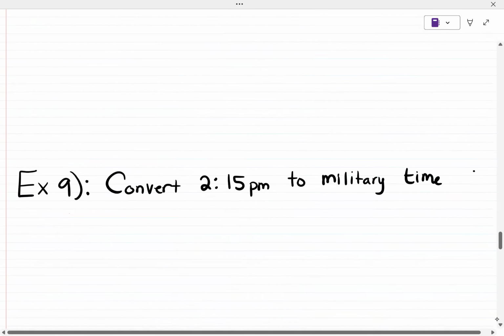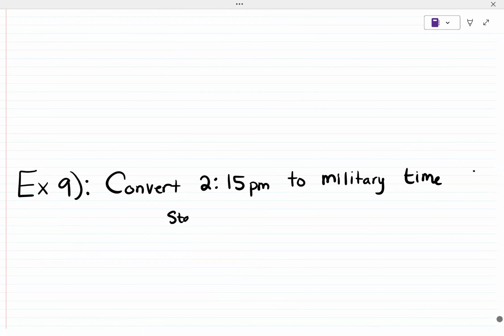Okay, example 9. We have to convert 2:15 p.m. to military time. So basically, we are going from standard to military. Let's see. 2:15 is technically between 1 p.m. and 11:59 p.m., right?